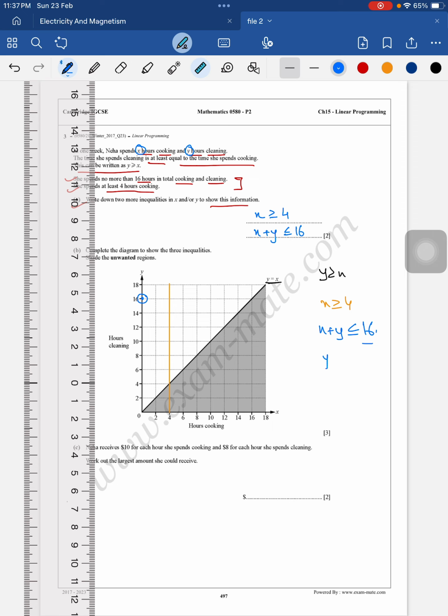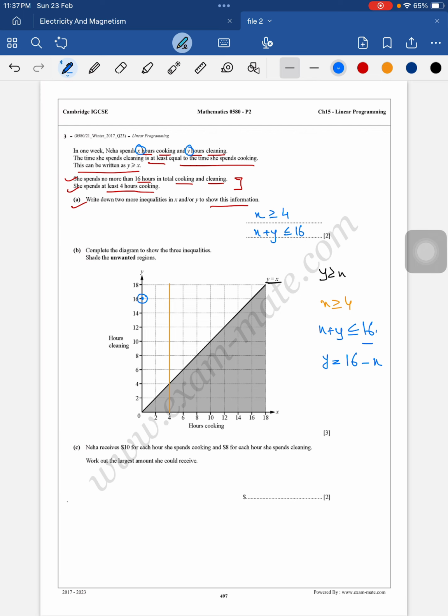If I make this equation y equals 16 minus x, to plot any line I need 2 points, and to get those 2 points I can first consider this inequality as an equation. So y equals 16 minus x. Since the graph is scaled with one box equal to 2, I will put x equals 2 to get another point.